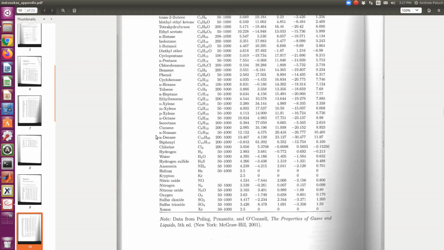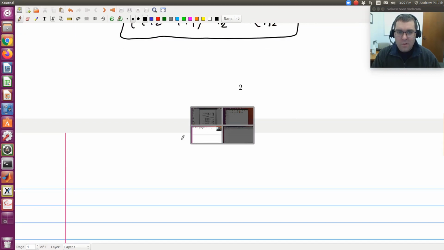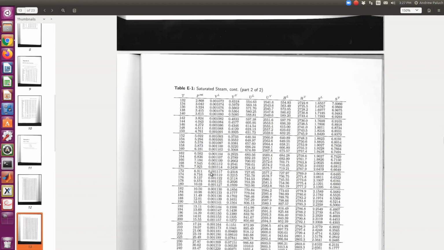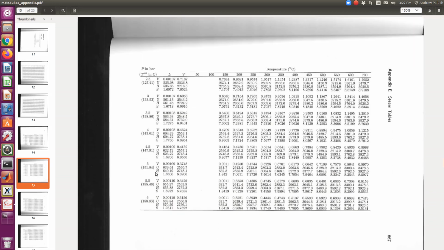So let's scroll down. Actually, let me pop this up here. I'm going to go to my steam tables. What are we looking for? We have a stream at 300 degrees C and 5 bar. So let me go to my superheated steam tables. At 5 bar, my saturation temperature is 154.84.